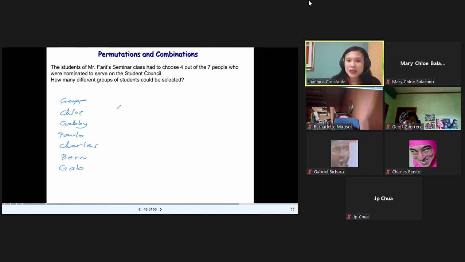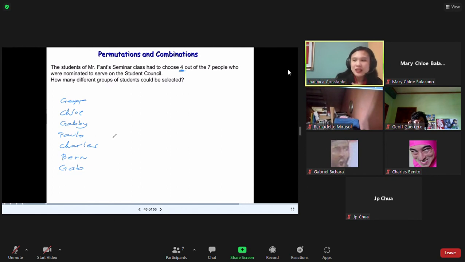Kung binanggit kung anong posisyon ilalagay yung 4 na pipiliin. Since hindi binanggit, from these 7 people, that is considered as combination. Okay? Kasi walang order. Kahit mauna si Job na isulat mo, kung gusto mo si Job na pumasok sa student council, walang problema.